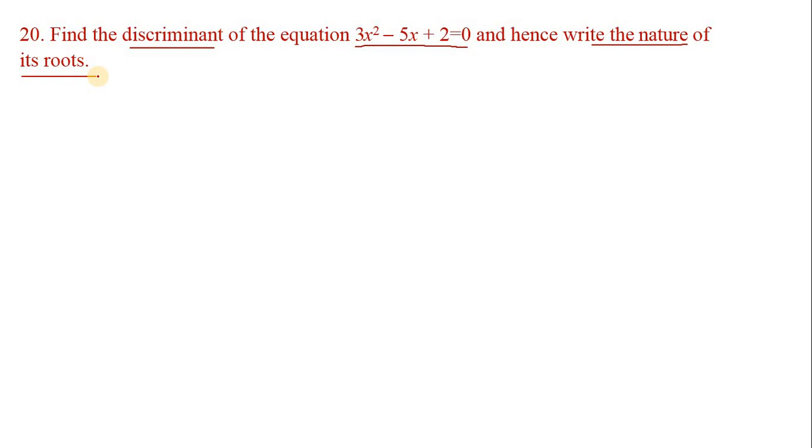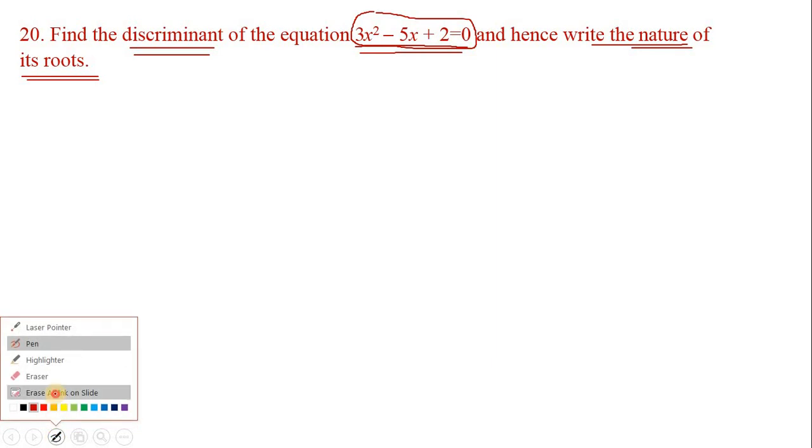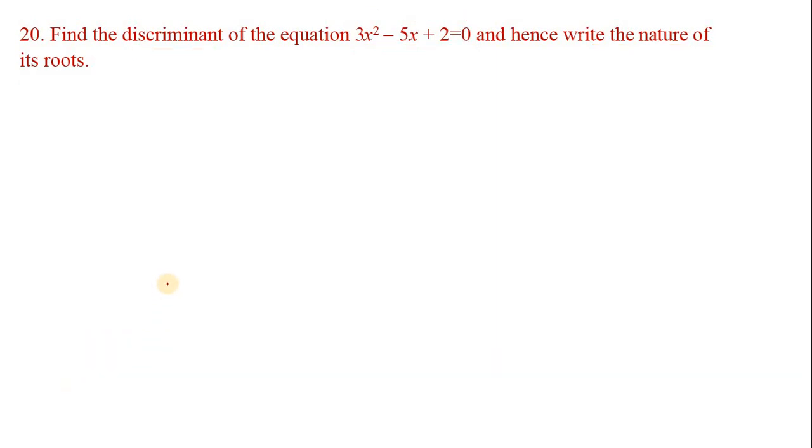This problem is from the quadratic equations chapter, children. We have to find the discriminant. The equation is given and is in standard form of a quadratic equation, and then we have to find its roots also. So before going to find roots, first we have to find the discriminant value.